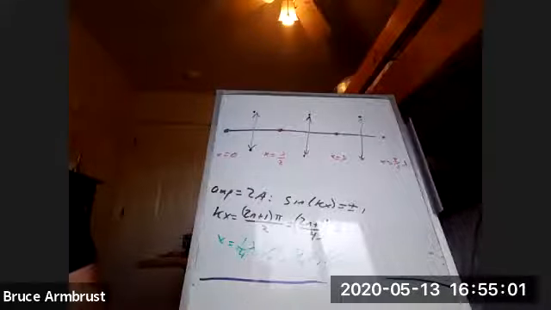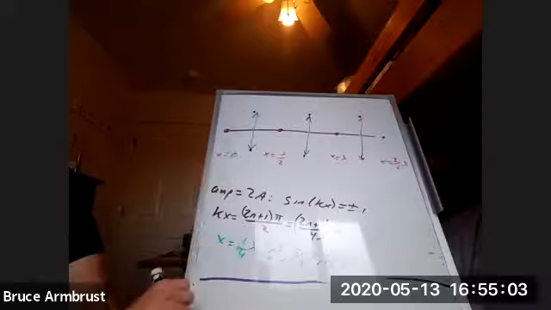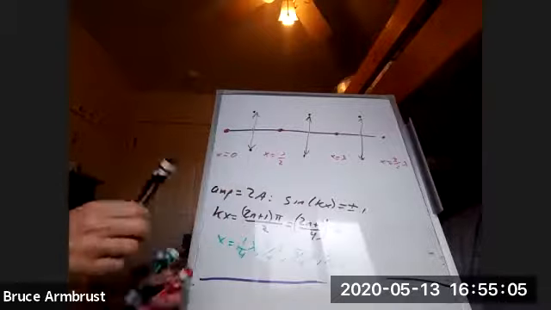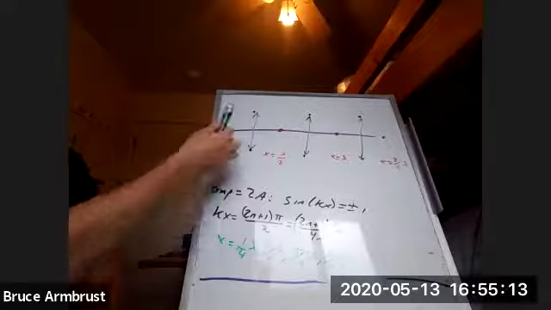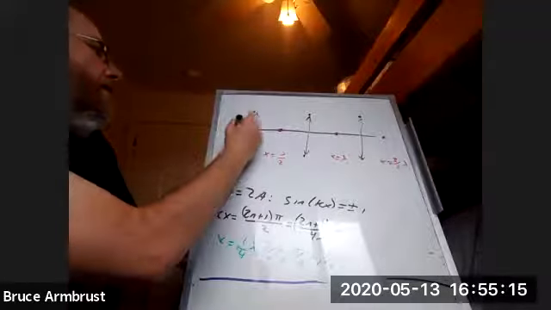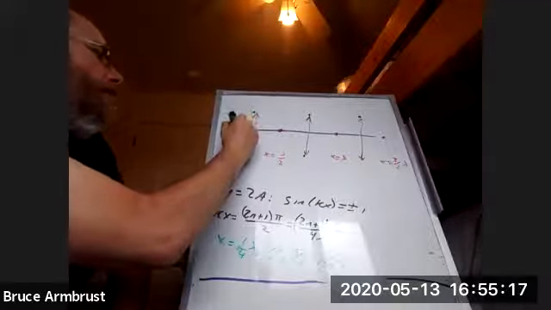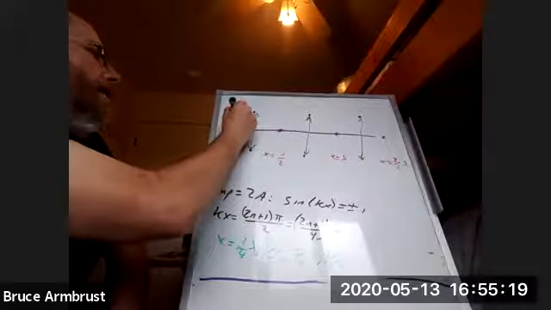Now, if you were to look at any other point, somewhere not at these, you will see that there is an amplitude. It's not going to be 2A. It's not going to be 0. It's going to be somewhere in between. So like, let's say we're looking right here. We're going to see that oscillate, but it's not going to oscillate as far.